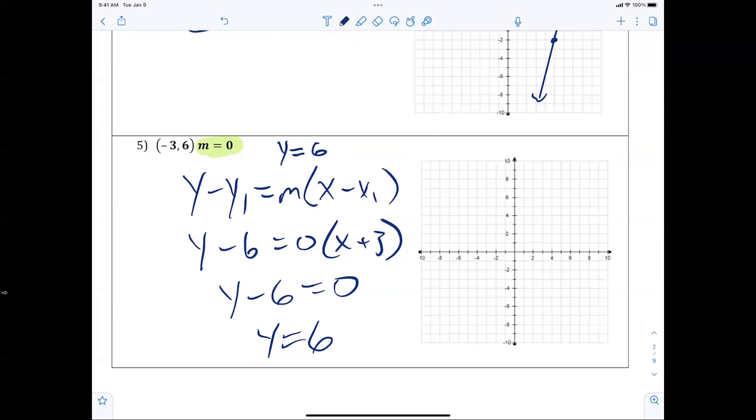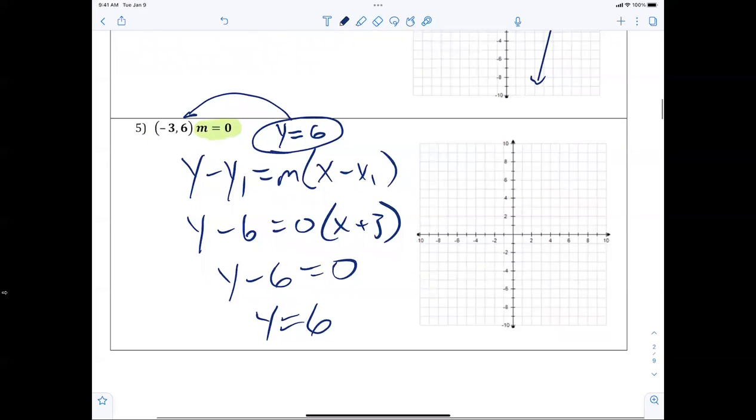Wait, but can you still plot the point? I'm not asking you that. I'm asking you, when you're writing the equation of a line, if the slope is 0, it's always just y equals whatever the y value is. The y value is 6. Okay? And so when y is equal to something, it's horizontal.